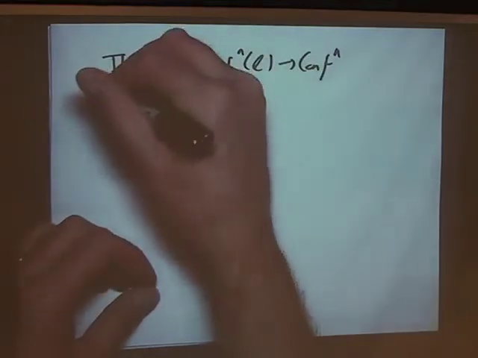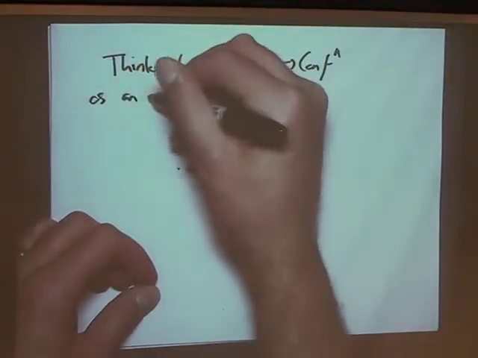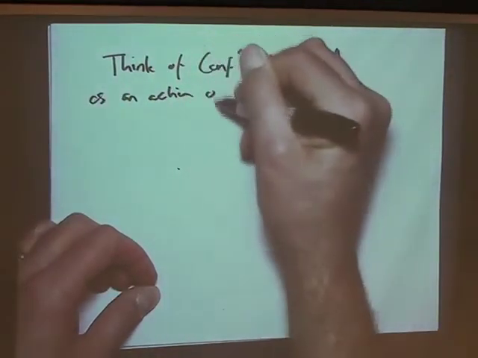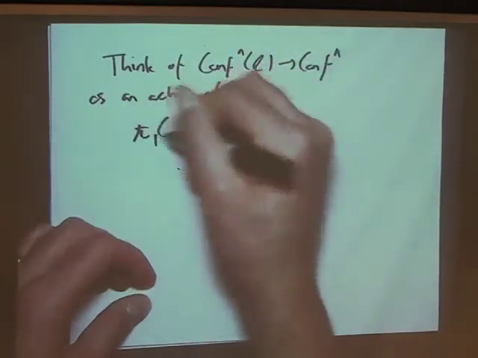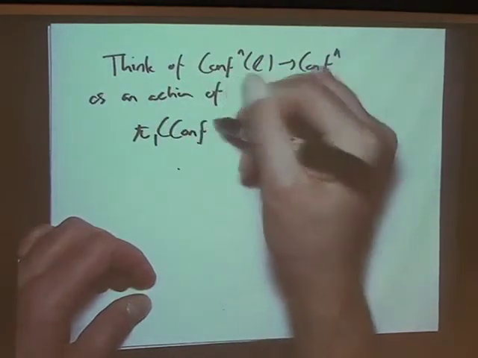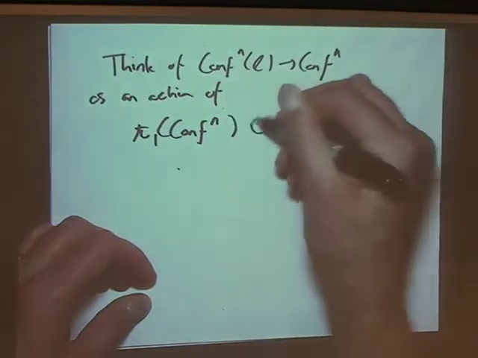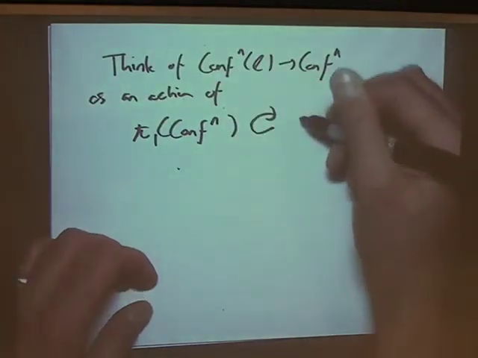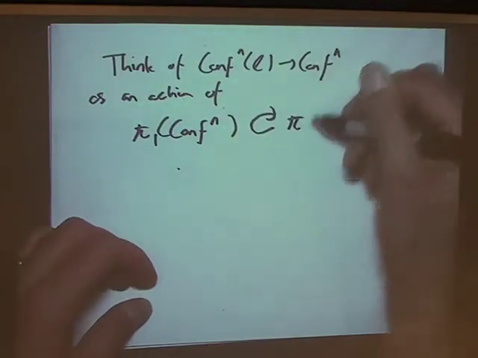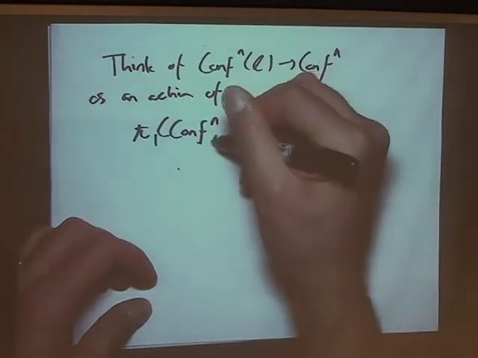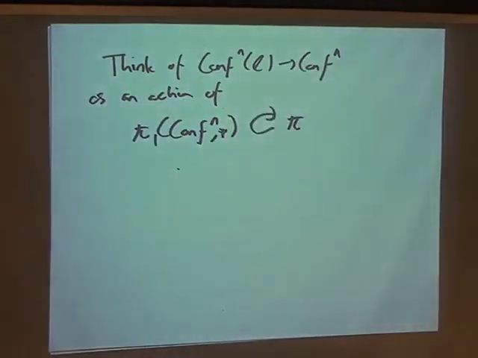So this is an action of pi 1 of the base on the fiber. Maybe I should specify some base point there.